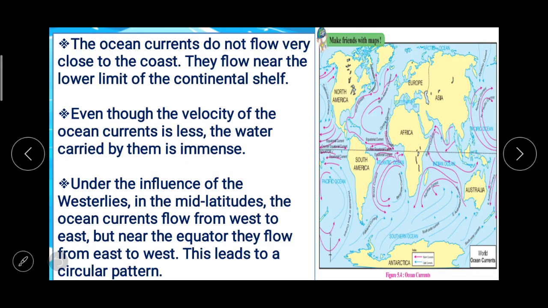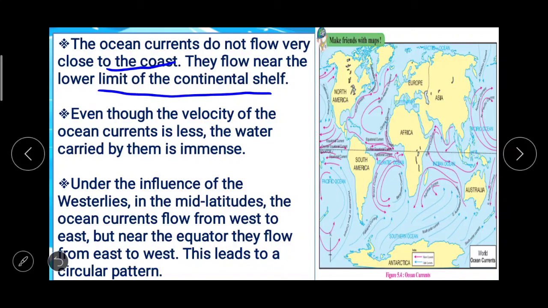This is what we have to keep in mind about the ocean currents. The ocean currents do not flow very close to the coast. They flow near the lower limit of the continental shelf. Even though the velocity of the ocean current is less, the water carried by them is immense.